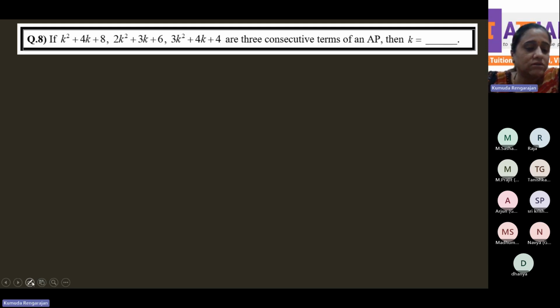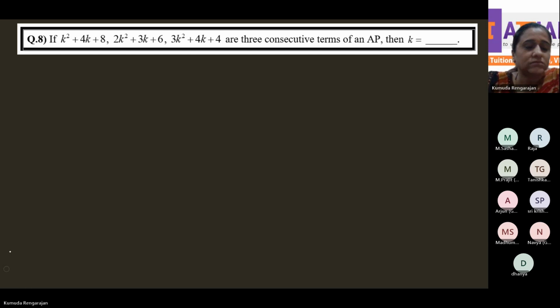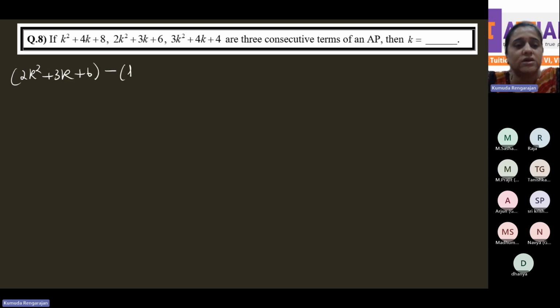So we know that the difference between any term and its preceding term is a constant. So 2k squared plus 3k plus 6 minus its preceding term, k squared plus 4k plus 8. This is nothing but a common difference.